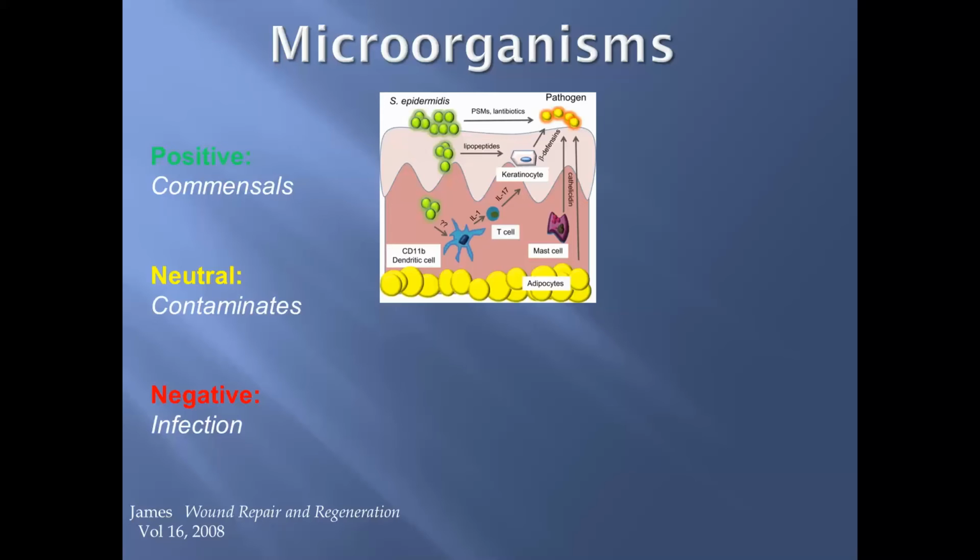All those cells and those signaling molecules exist in the skin. Once you're through the skin and you're into the deeper tissues, subcutaneous tissue, muscle, tendon, it's all over. There are no commensal mechanisms at that level.